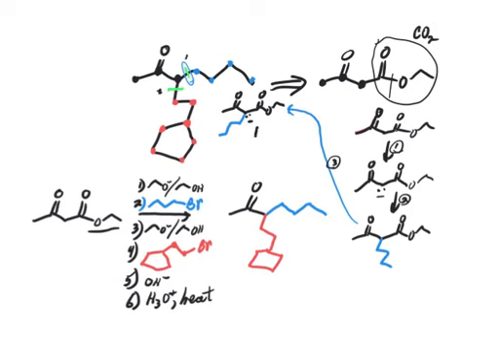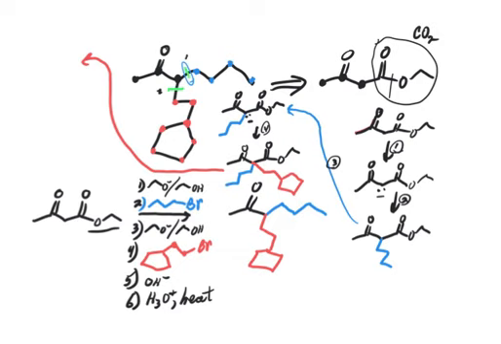And then after step 4, I'm going to have the alkylated piece. Okay, the next step, I'm going to do it over here. Step 5, that's the hydroxide treatment. That's going to hydrolyze the ester to the carboxylate.